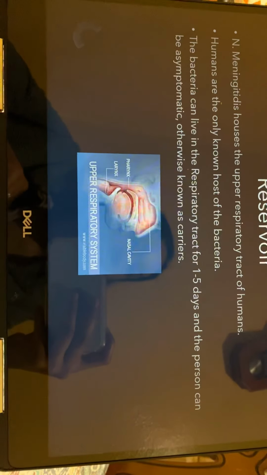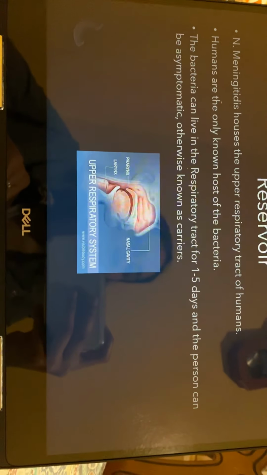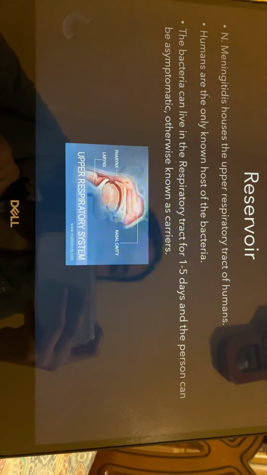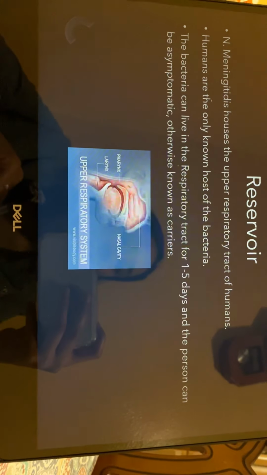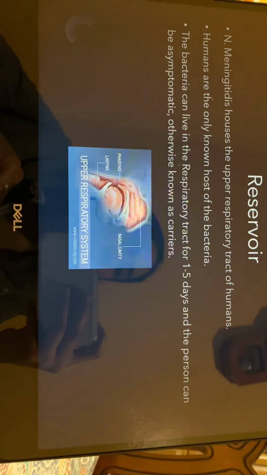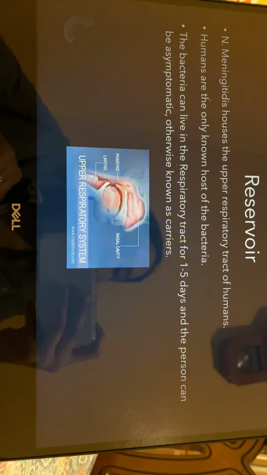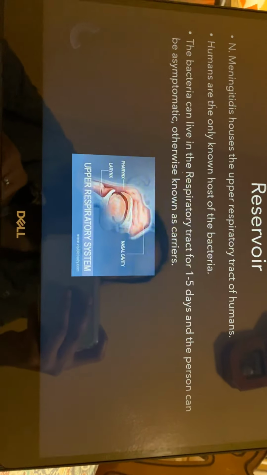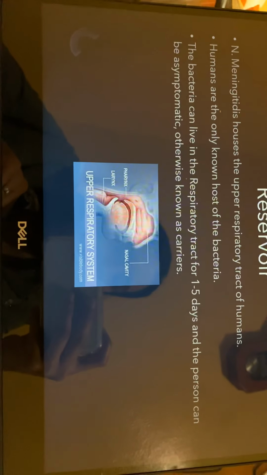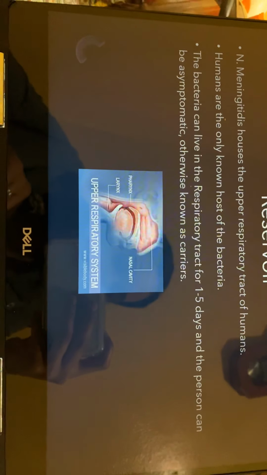Neisseria meningitidis houses in the upper respiratory tract of humans. In fact, humans are the only known host to the bacteria. The bacteria can live in the respiratory tract for 1 to 5 days, and the person can be asymptomatic, otherwise known as carriers. There is my upper respiratory system.